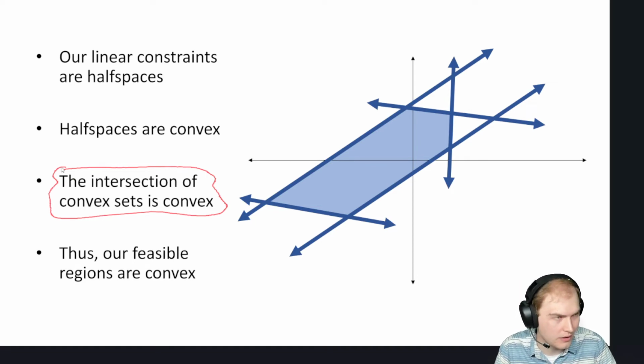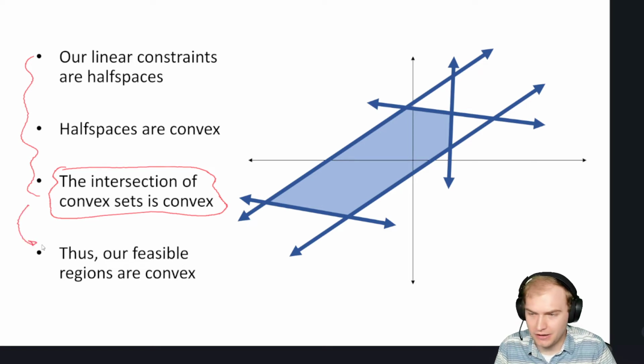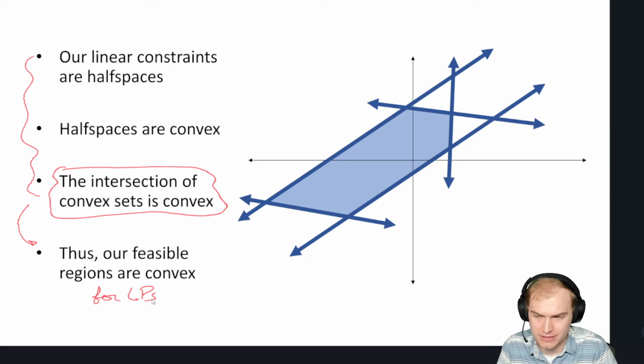And we've also shown that sort of above. So given all of this information, we know that the feasible regions of LPs are always convex, which will be very, very important for solving these things.